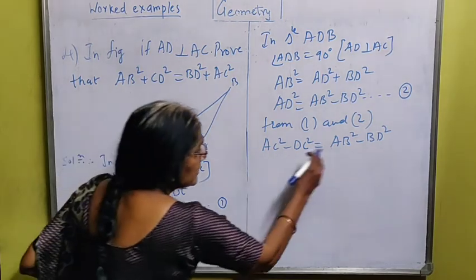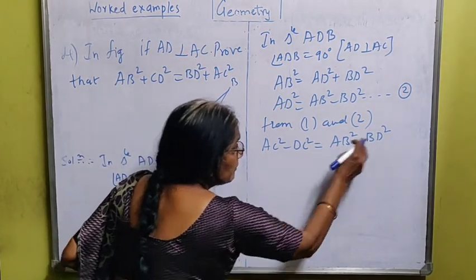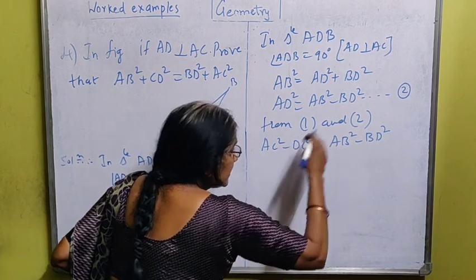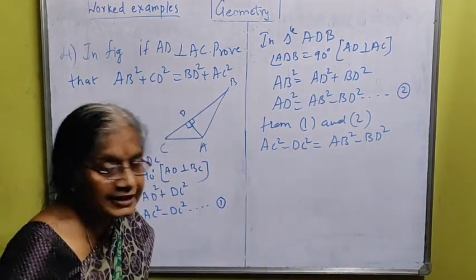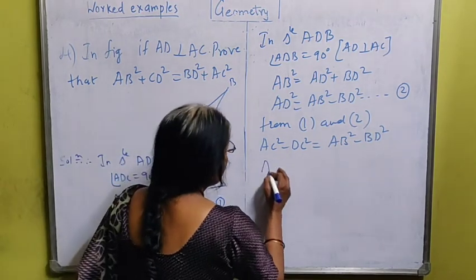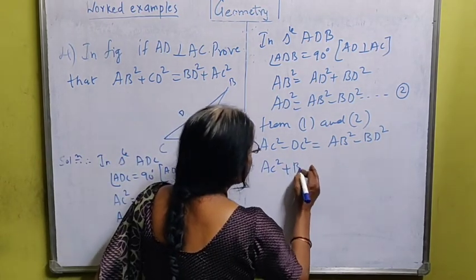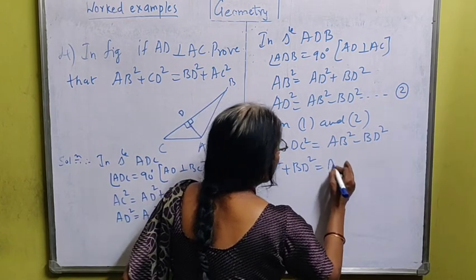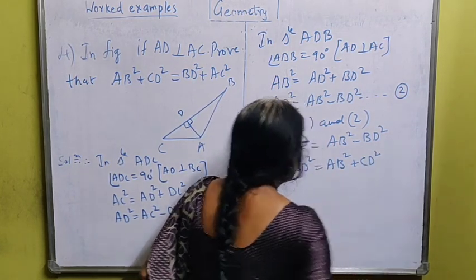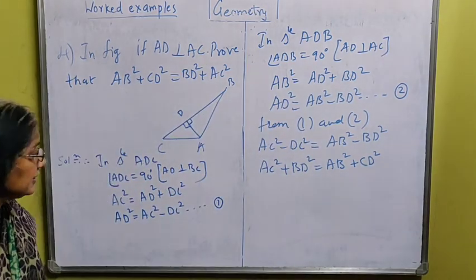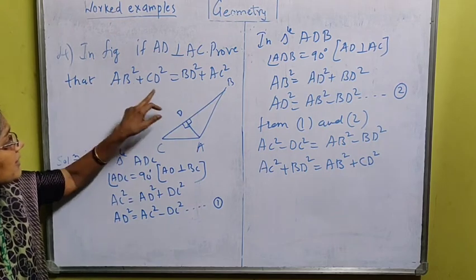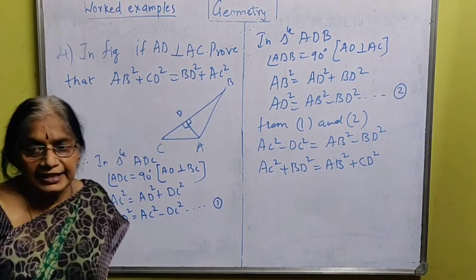So AB and CD should come together, AC and BD should come together. If I take minus DC to that side, it will become plus DC, and minus BD to this side, it will become plus BD. So I will get AC square plus BD square is equal to AB square plus CD square. Hence I have proved it.